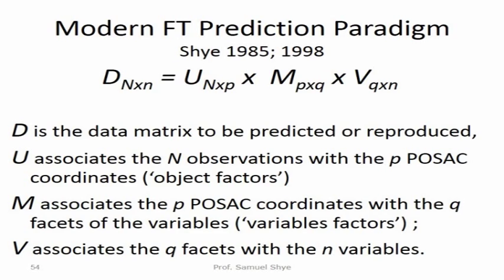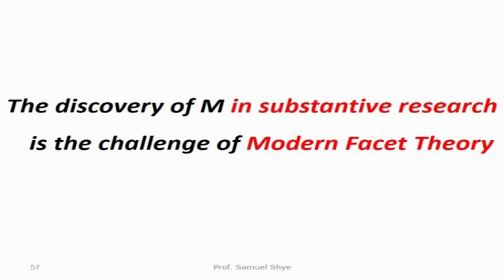Let's jump to V. V associates the Q facets with the N variables. And M, this is the new element in this model, associates the POSAC coordinate scales with the SSA facets. It associates the two kinds of factors. The discovery of M in substantive research domains is the challenge of modern facet theory.